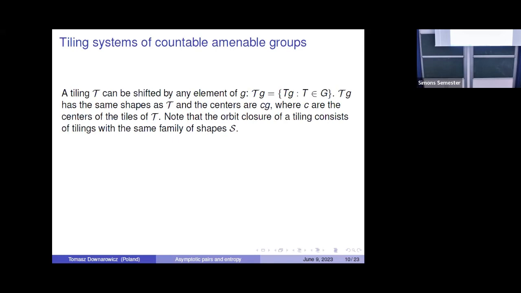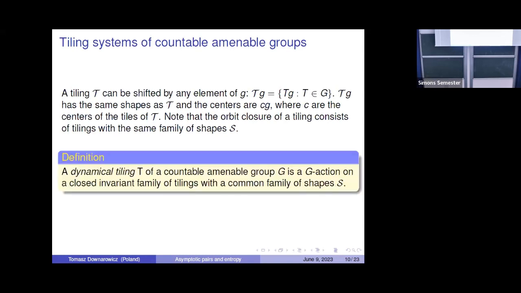So there are no strange elements. Unlike for the multi-order, where if you take a closure, you get partial orders or orders that are not of type Z, here there is no danger. If you take tilings, start shifting, take the closure, you still get tilings. So a dynamical tiling is a G action by shifts on a closed invariant family of tilings with a common family of shapes. And the typical dynamical tiling is just the orbit closure of one fixed tiling.